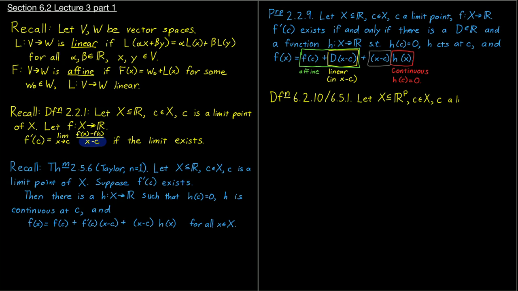C is a limit point of X in the sense of definition 5.3.13, that is, if R is greater than 0, then you take the ball centered at C of radius R, you delete the point C in the middle, and you intersect that with X. So every ball of positive radius contains a point in X that is not the middle point.